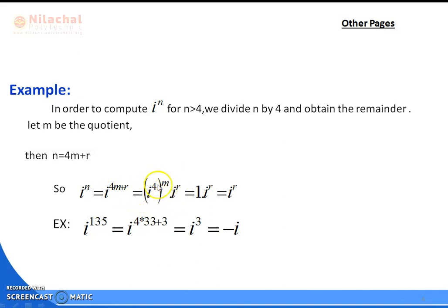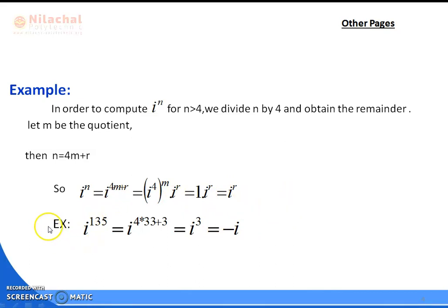So that is i to the 4 whole to the power m into i to the power r. That equals, as we know, i to the 4 equals 1. So 1 to the power something is again 1, into i to the power r. That equals i to the power r. That means what we have learned here: for i to the power anything, you have to divide that number by 4, and the remainder, which must lie between 0 and 4, gives your final answer as i to the power r.